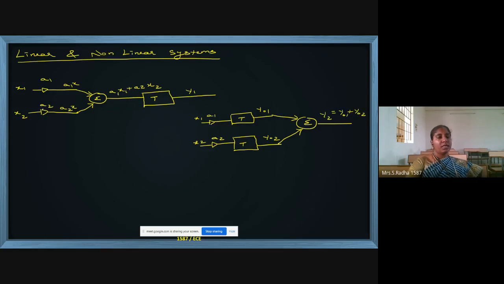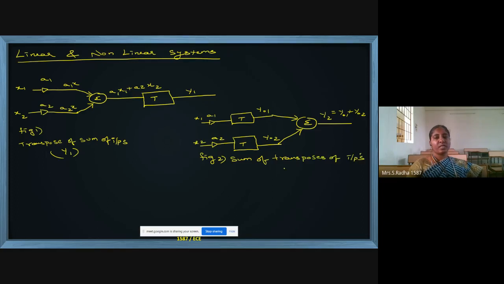Here in the first diagram, it is nothing but transform of sum of inputs. That is y1. In the second diagram, I am doing the sum at the last: sum of transforms of inputs.